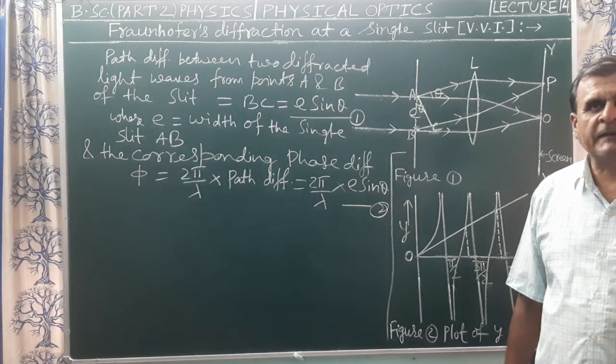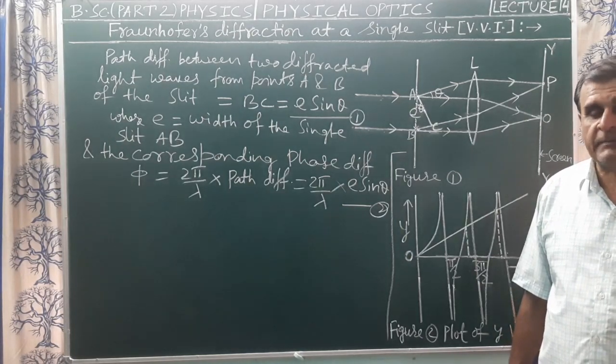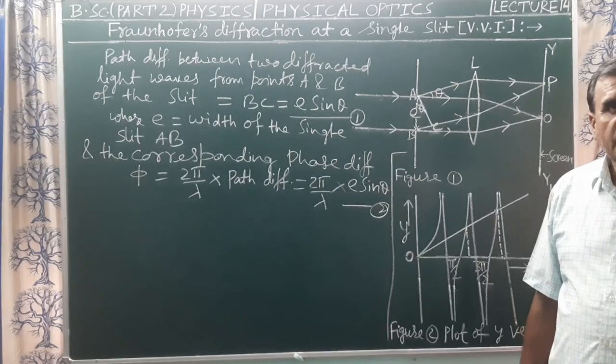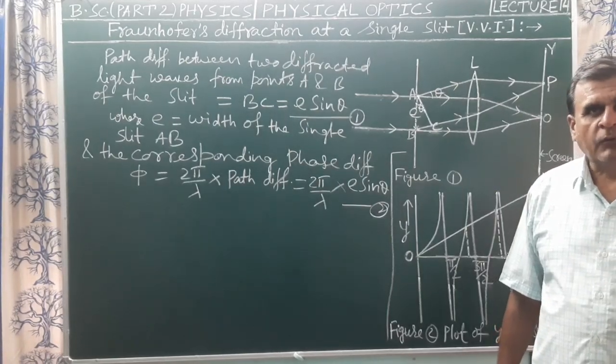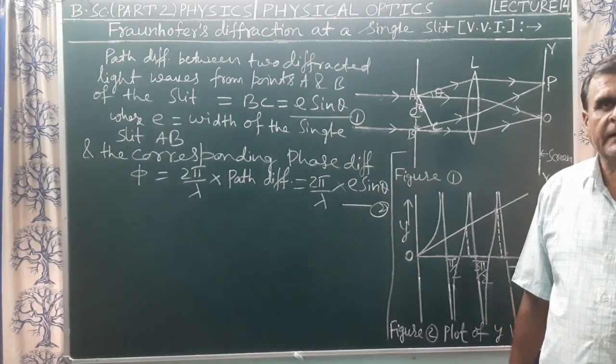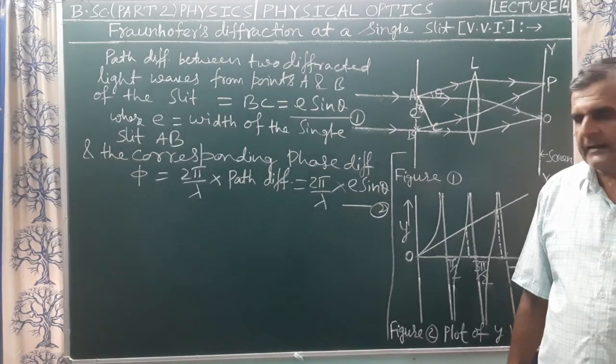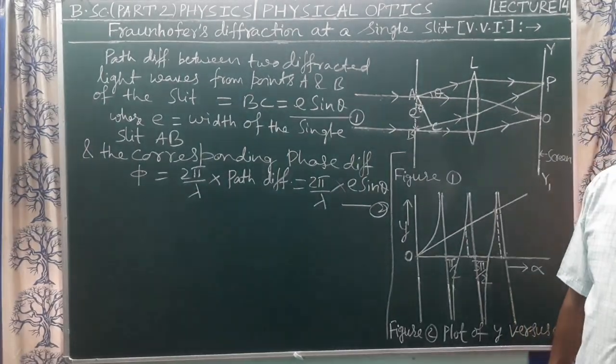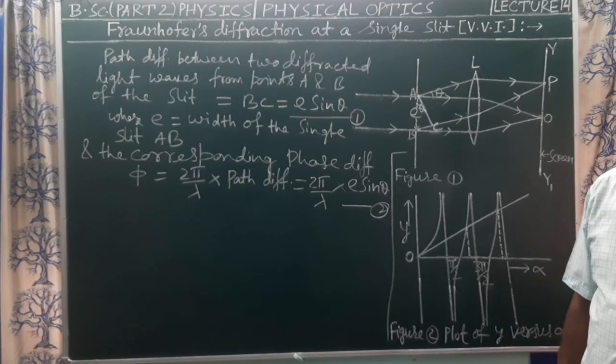That is, amplitude of vibration at point P due to the waves from each part of the slit AB will be the same, and say it is equal to small a.